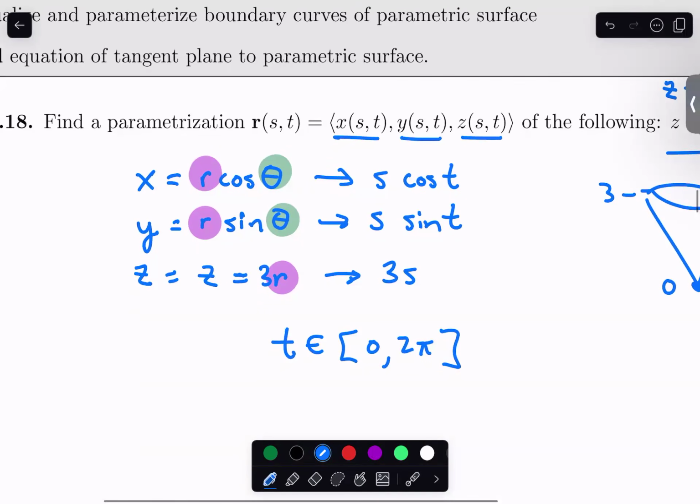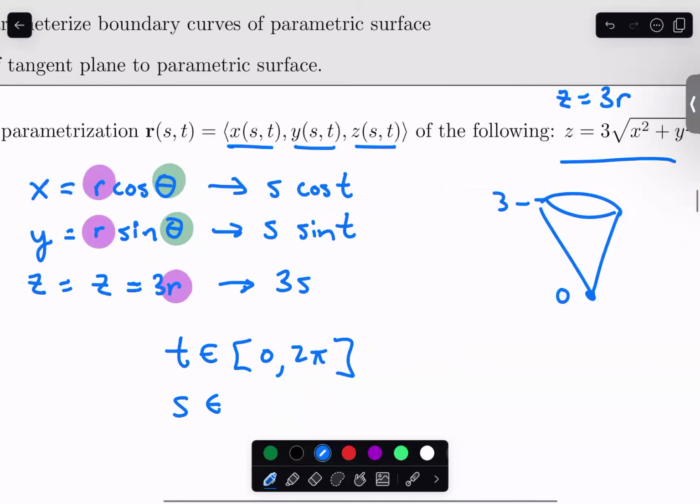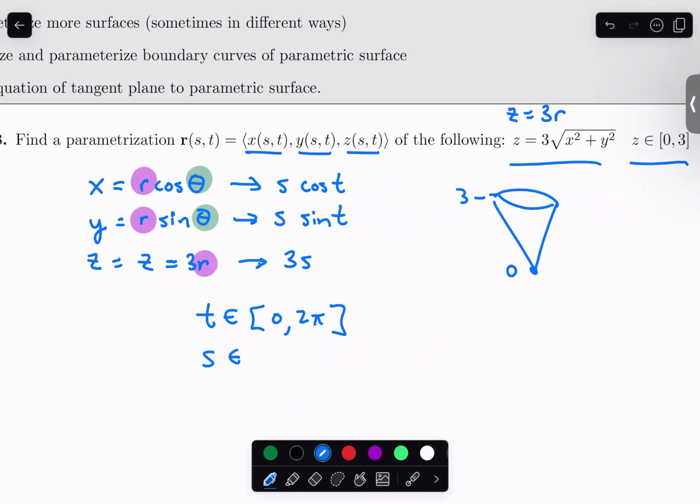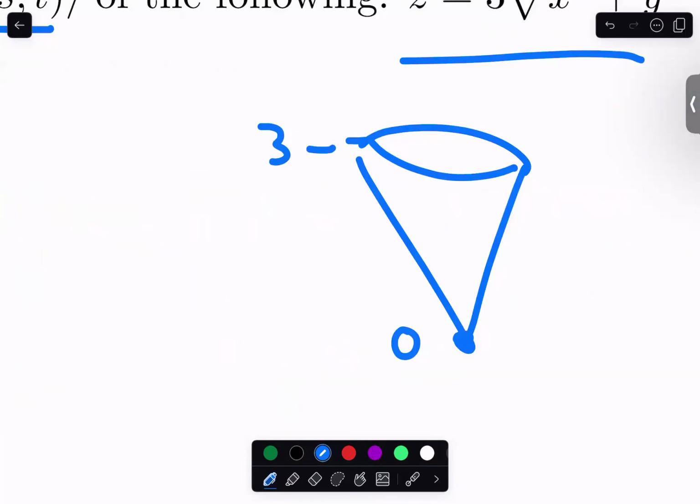How about S? Well, again, S is taking the place of r. And notice that down here at the bottom, it doesn't look like we have much of a radius at all. And then as we go higher and higher, the radius for our circles gets bigger and bigger.